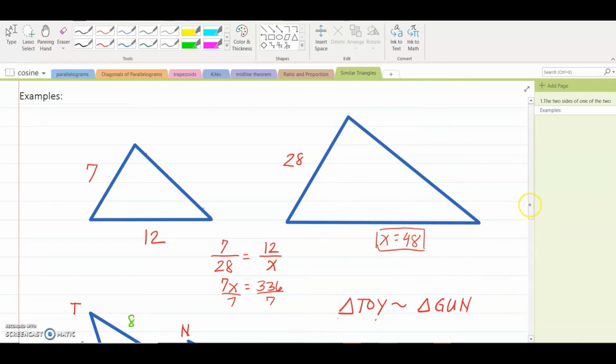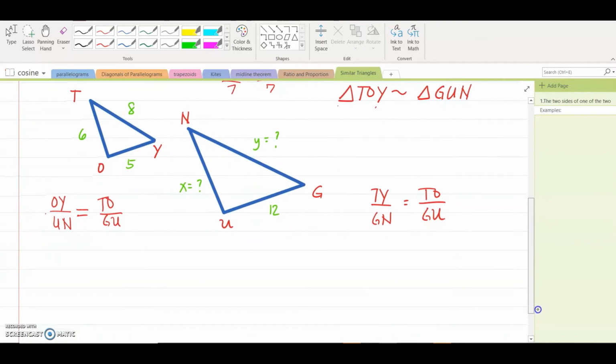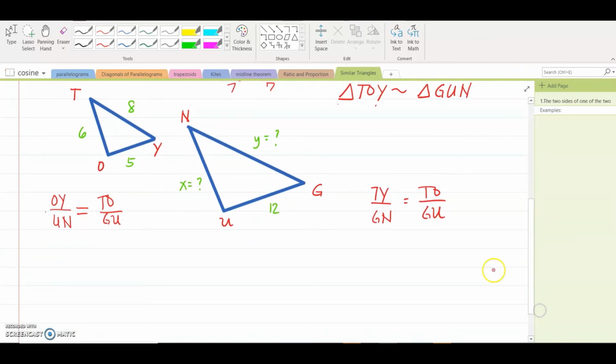Okay. Next example here, we have triangle TOY is similar to triangle GUN. If you look at triangle TOY, we have side TO with 6, side OY with 5, and side TY with 8.